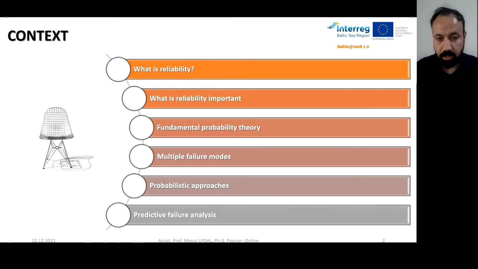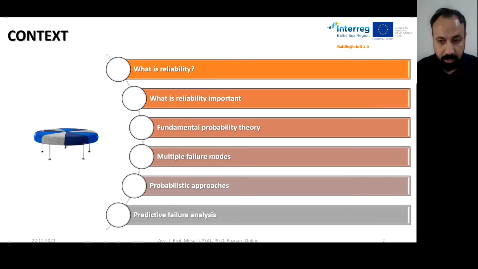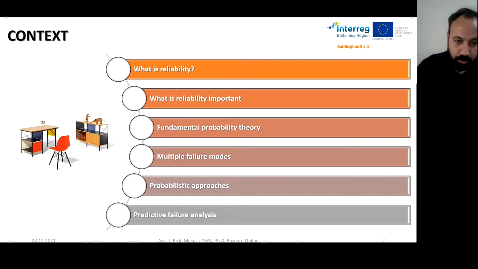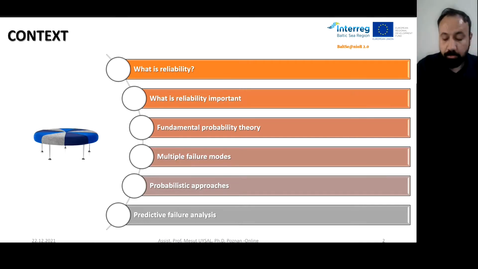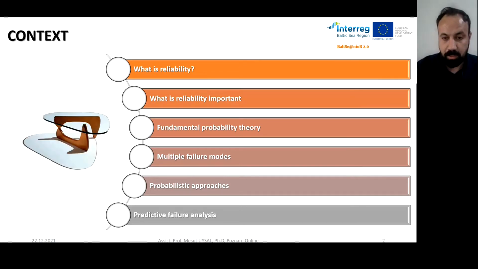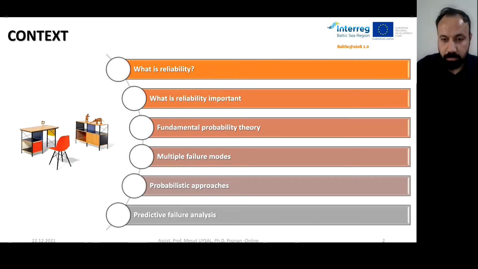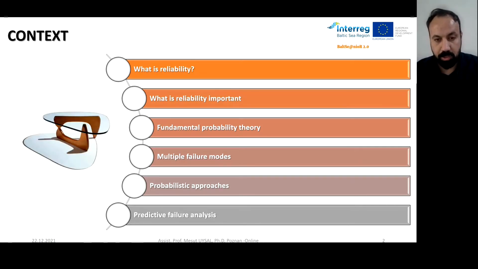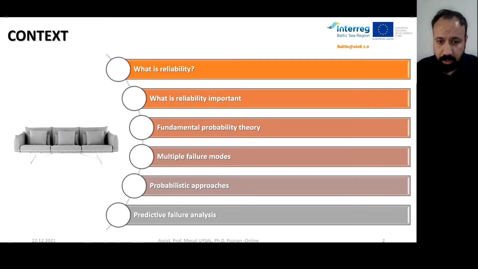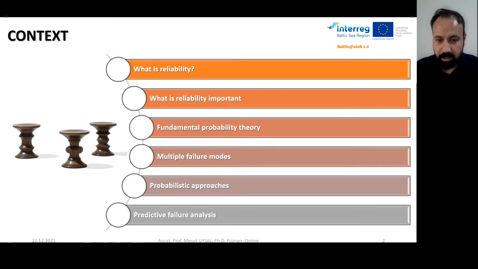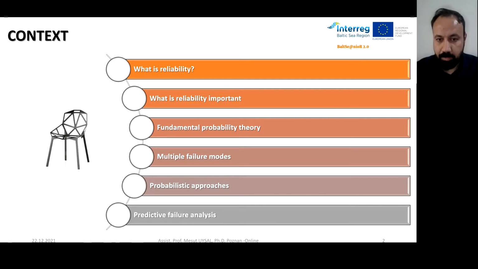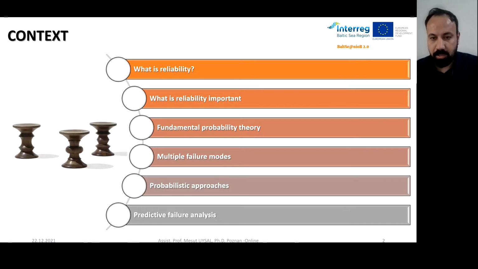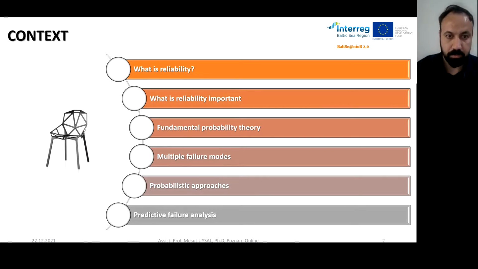And then lastly, we will talk about the predictive failure analysis, and in this one we will see how to measure the lifetime or cycling time or fatigue life of one chair or one furniture construction. I try to explain every calculation in a very simple way because I make some assumptions. That's why they may be adaptable to any other example of furniture construction.